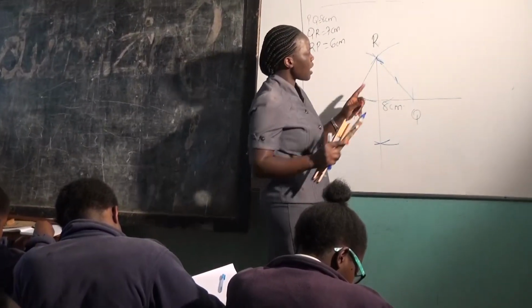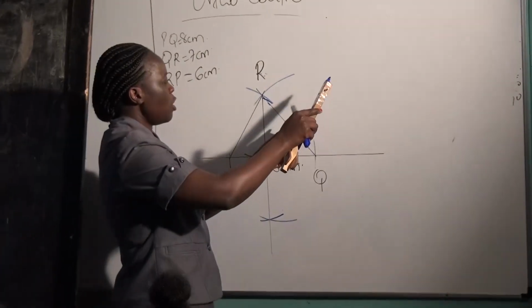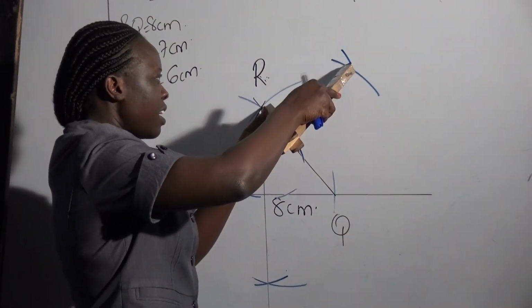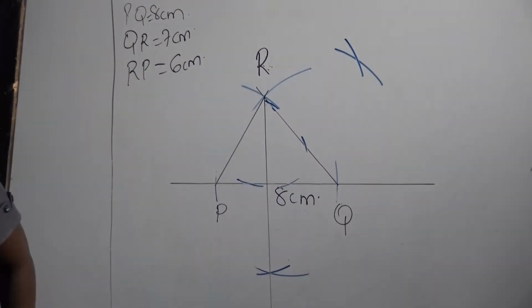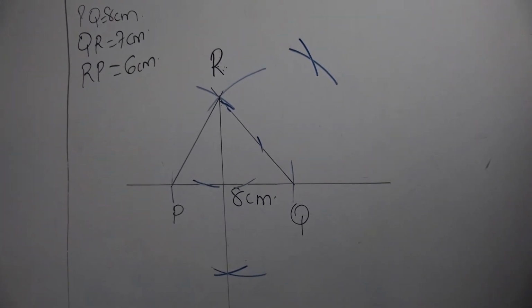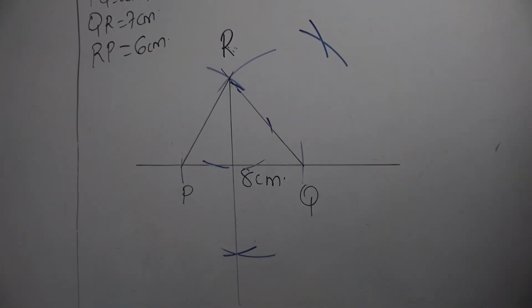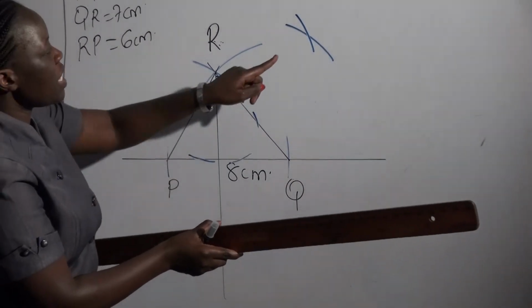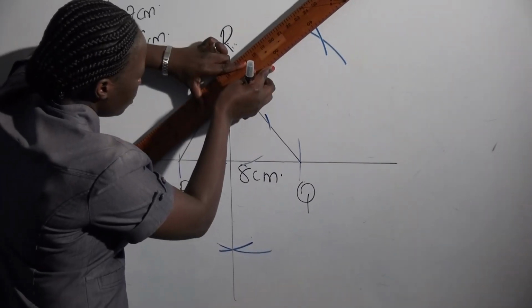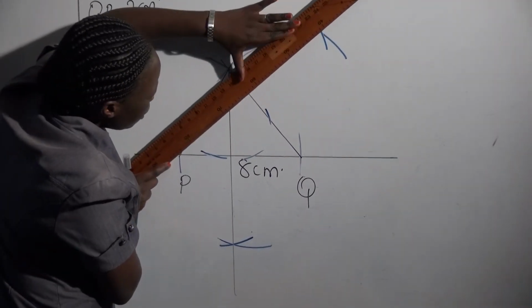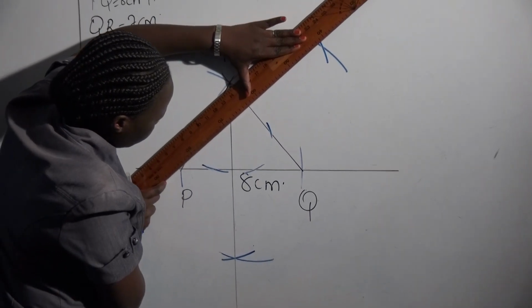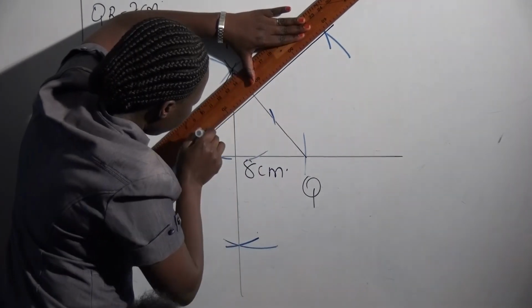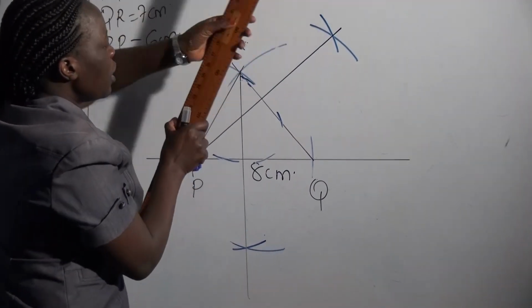I've created those 2 arcs, one there and one here, on the same arcs. Another arc outside and another arc. They will meet. So they are meeting at that point. Then using your ruler from P, you join through where the arcs are crossed and through to point P.